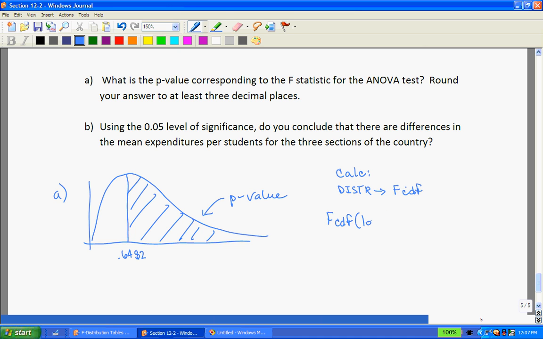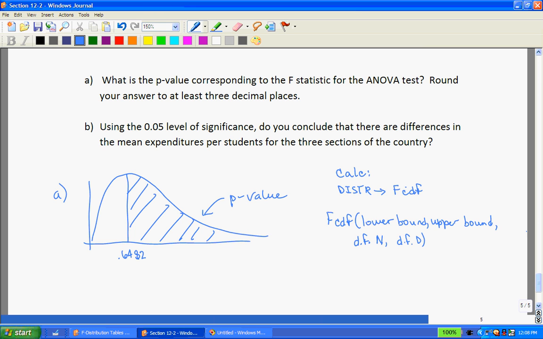You want the lower bound, then a comma, the upper bound, then a comma, degrees of freedom numerator, comma, degrees of freedom denominator. That's kind of a lot of information, but all of that is necessary.